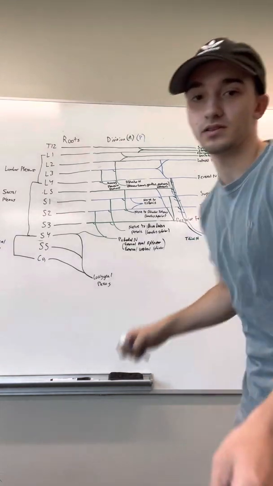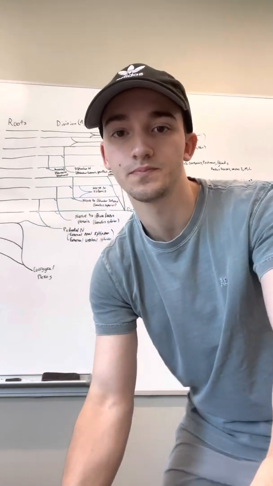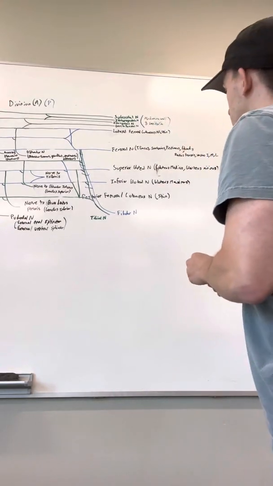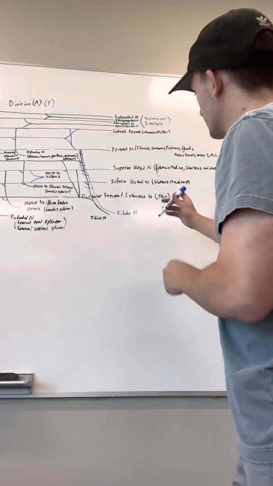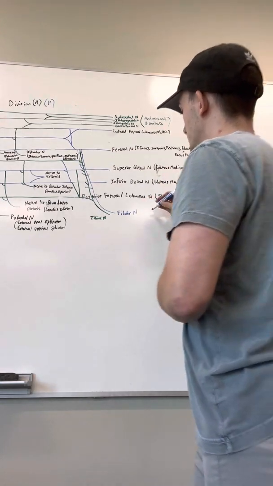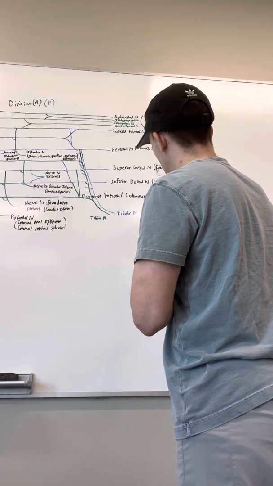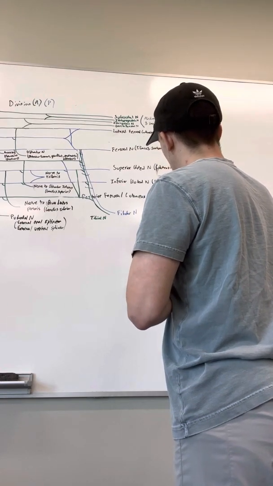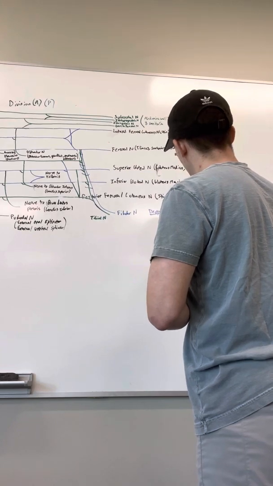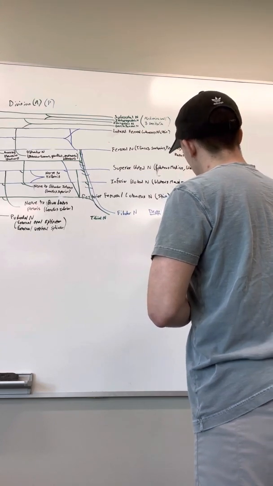The fibular nerve, let me get a little bit closer so I can see that easier when I'm drawing these out. Perfect. So the fibular nerve is going to have two different sections. It's going to be the deep fibular, and it's also going to be the superficial fibular.